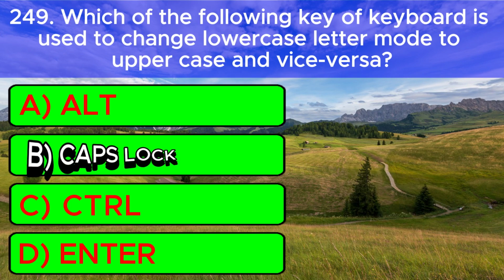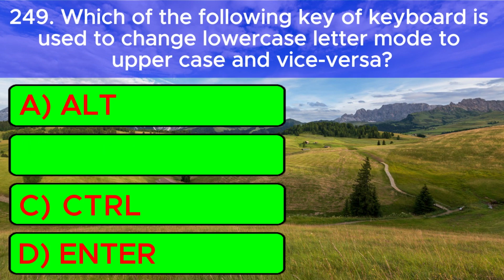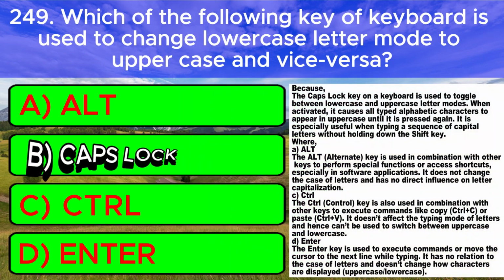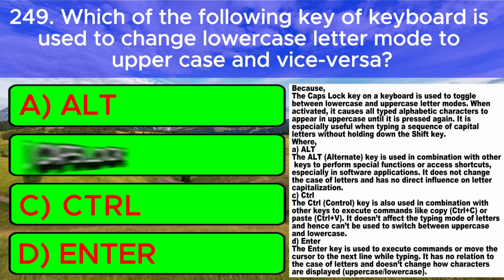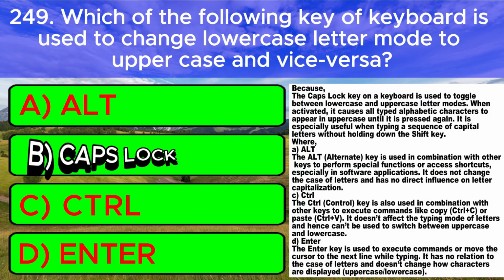And the correct answer is B. Caps Lock. The Caps Lock key on a keyboard is used to toggle between lowercase and uppercase letter modes. When activated, it causes all typed alphabetic characters to appear in uppercase until it is pressed again. It is especially useful when typing a sequence of capital letters without holding down the Shift key.